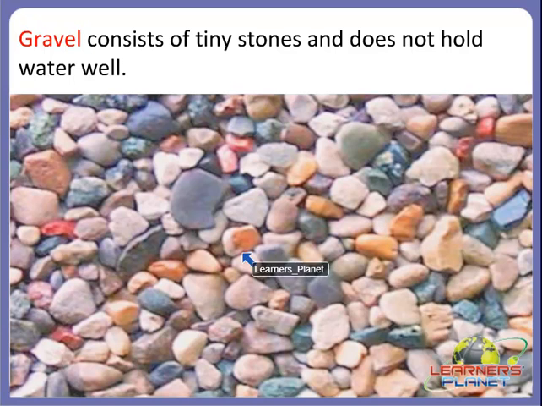It has gaps between the stones that allow the water to pass easily. So it does not hold the water. Why does it not hold the water well? Because gravel has gaps between the stones that allow the water to pass easily. So always remember that gravel looks like this.